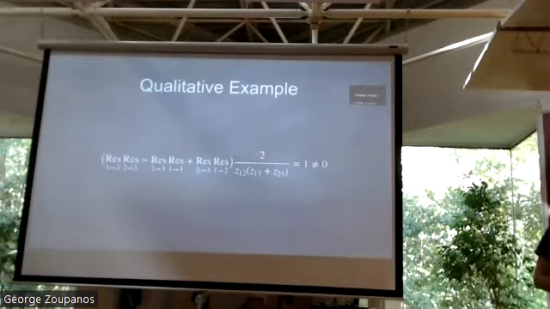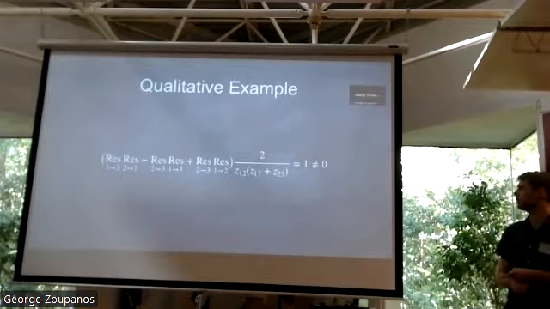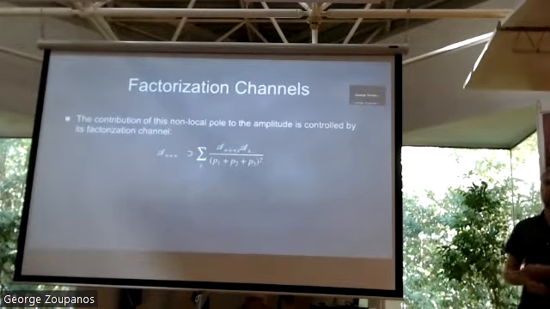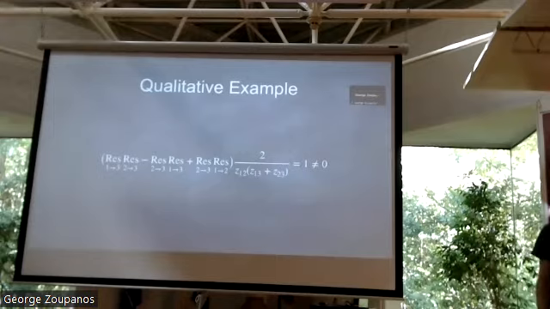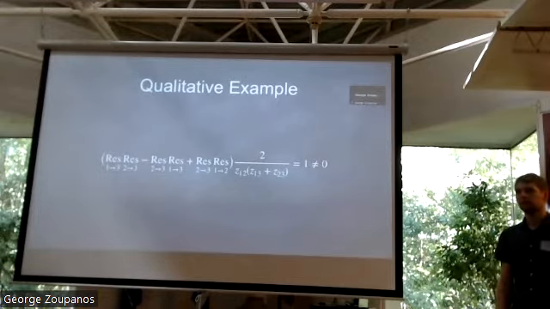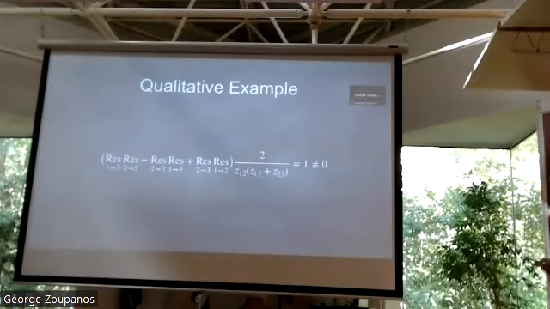So overall, this fails the double residue condition. Right. If we take this 1 to 2 residue, that leaves you with 1 over Z2, 3.